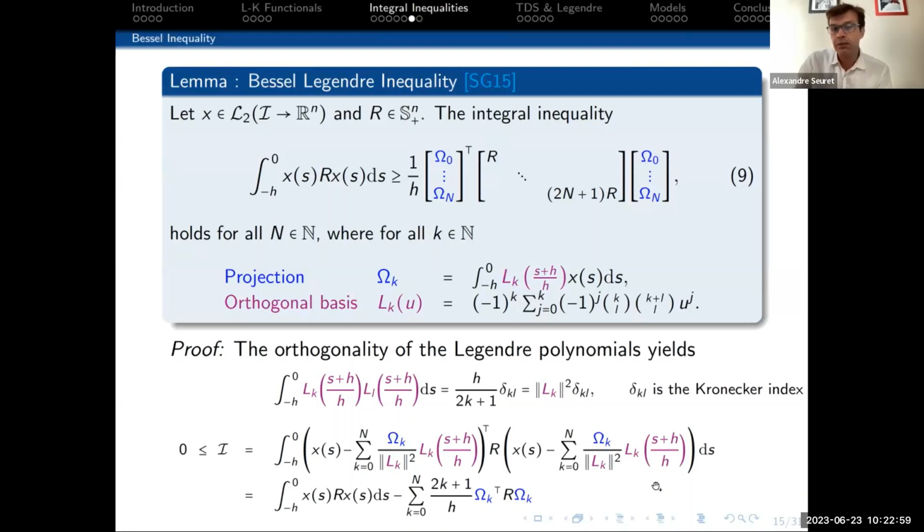Actually, they are 0 if the number is the same. So if you are projecting onto the same Legendre polynomial, but if the orders are different, the orthogonality guarantees that this integral is 0. So a lot of terms vanish, and it makes this expression very simple at the end.